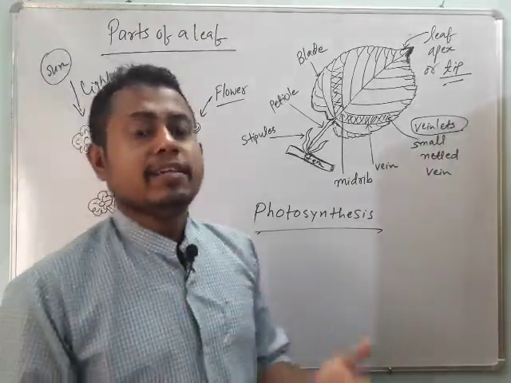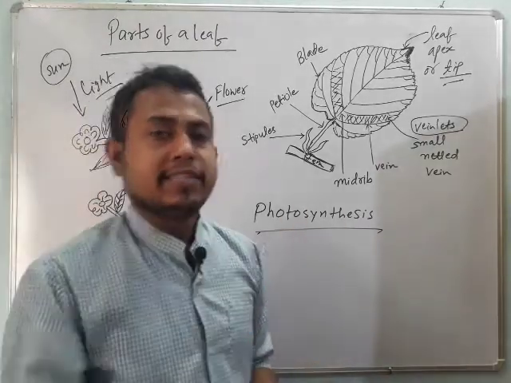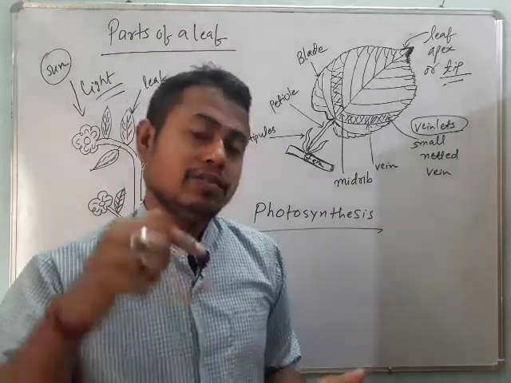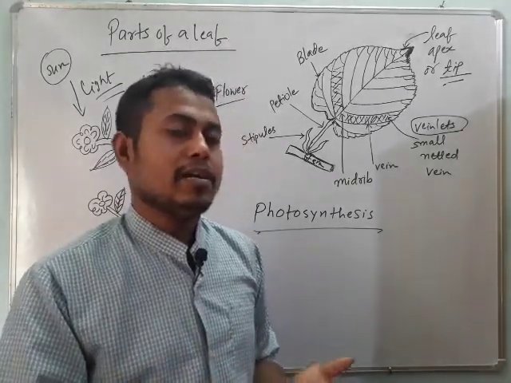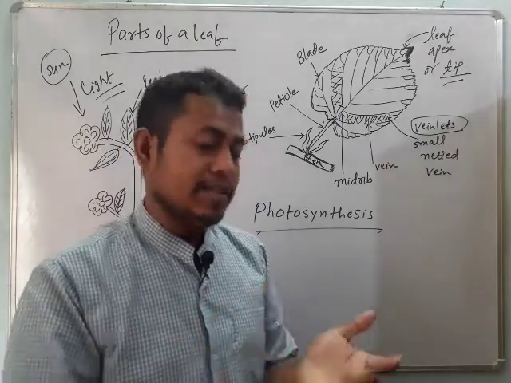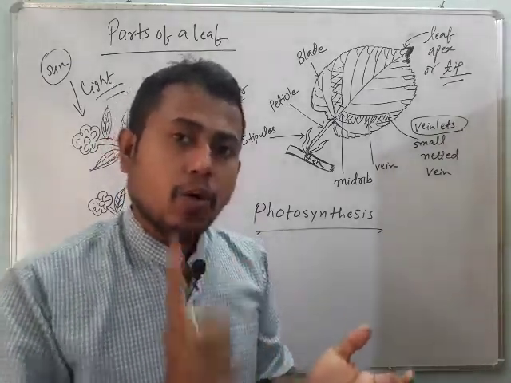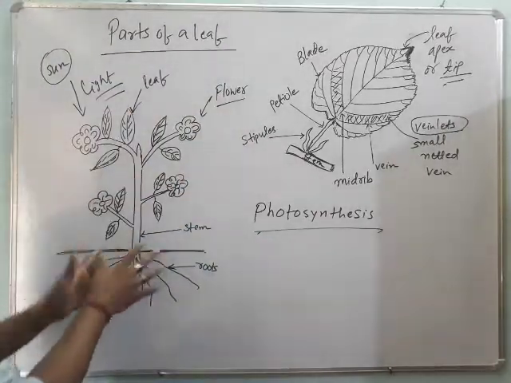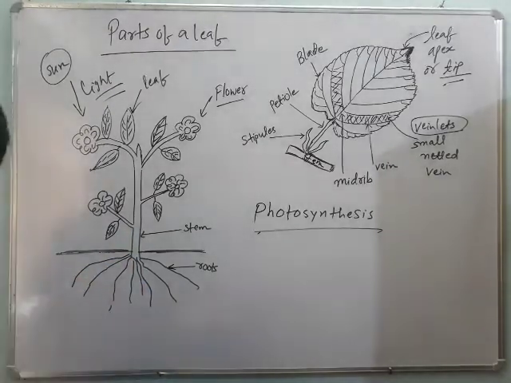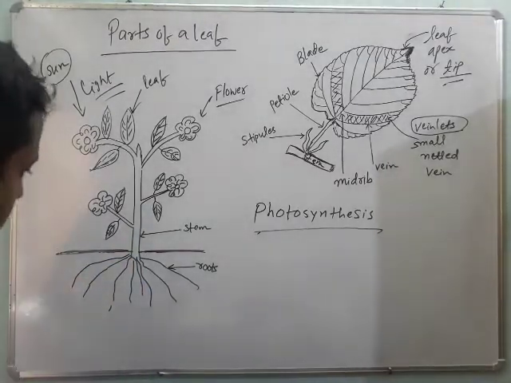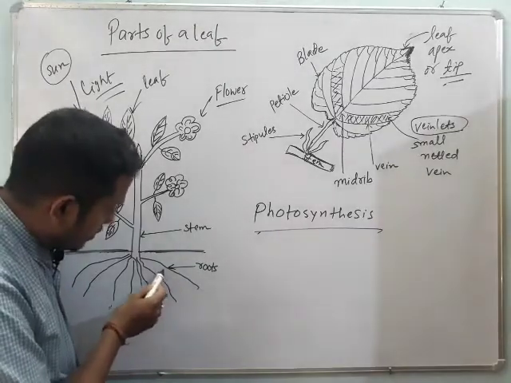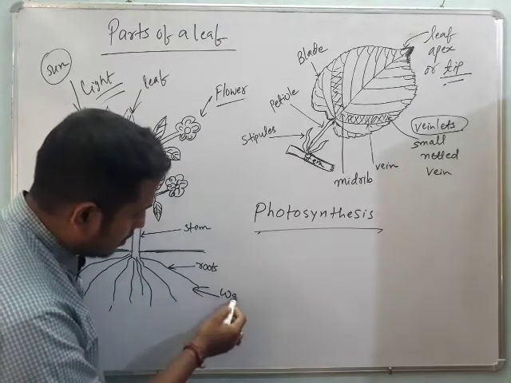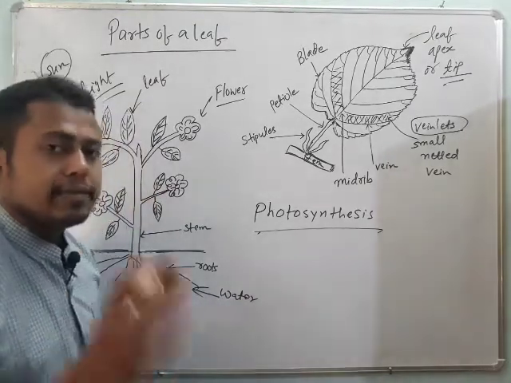Why? Plants do not depend on anything. Plants are the only things that depend on themselves. Plants make their own food. This is the basic structure of the plant, this is the root of the plant, and this root receives water from underneath the ground.